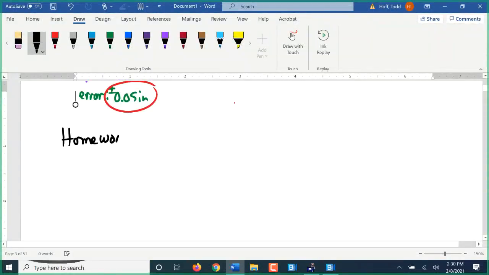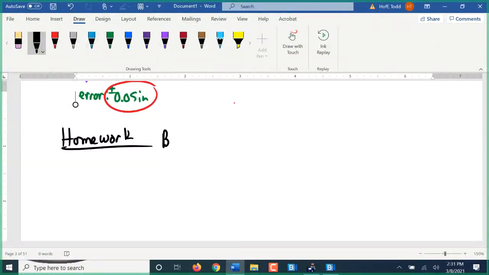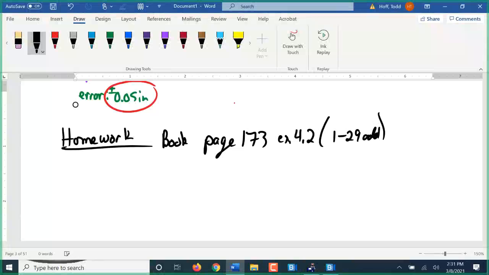Right now, we'll give you your first homework assignment of Unit 4. This is back in the book. Page 173, exercise 4.2, problems 1 through 29. Be prepared for tomorrow.